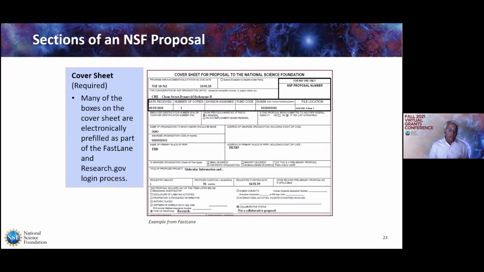Those are all provided. The cover sheet is a really important document because that's what gets used at the earliest stages as part of proposal processing to make sure that the right people see your proposal. But by right people, I mean all the way from the right organization inside of the agency, the right program officers, and eventually the right reviewers to actually judge the merit of your scientific idea. Next slide, please.